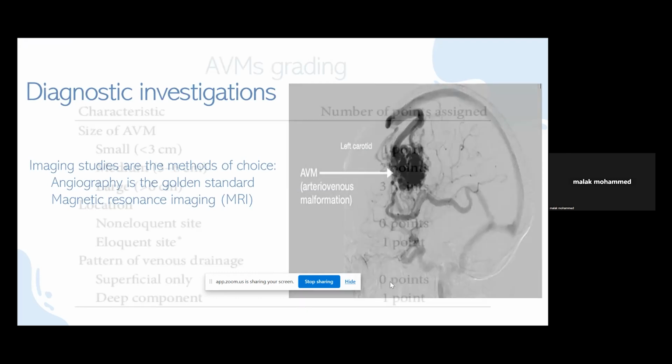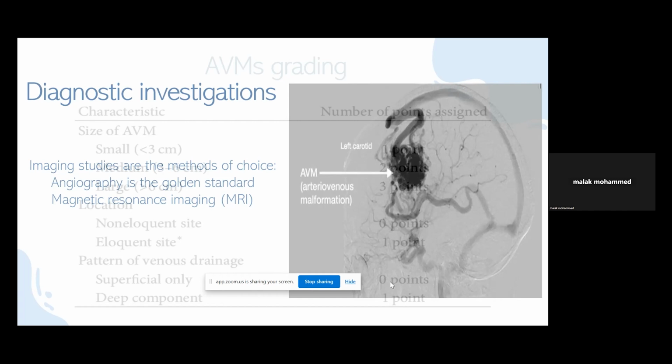For the AVM grading, there is what's called the Spetzler-Martin grading. It has three main components: the size of the AVM, small, medium, and large, each with its own points; the location, non-eloquent or eloquent, where eloquent means it affects the medulla oblongata, the pons, or the midbrain; and the pattern of venous drainage, superficial or deep.